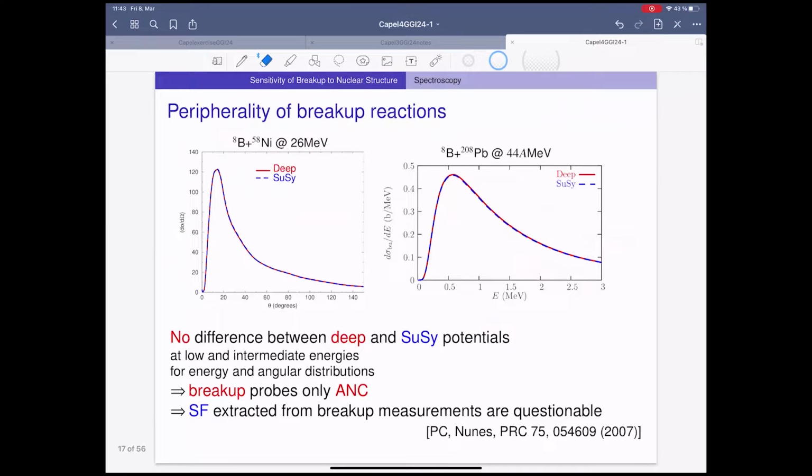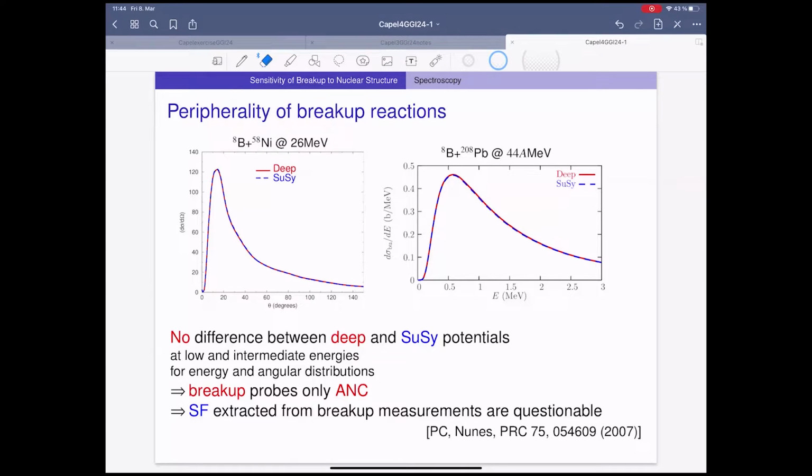So Filomena worked with Fresco, and she performed the boron-8 plus nickel-58 breakup calculation that I've shown before. There are no data here because in this case we don't care about the experiment. I don't mean to be disrespectful to experimental friends.